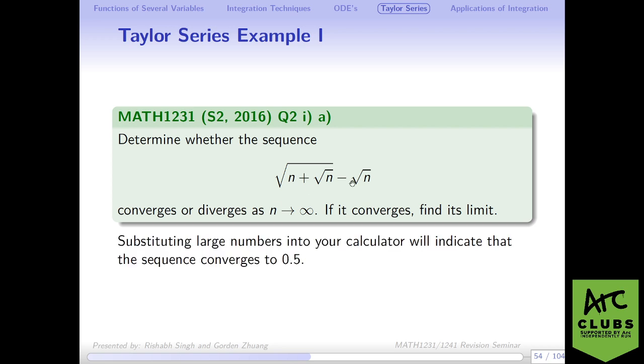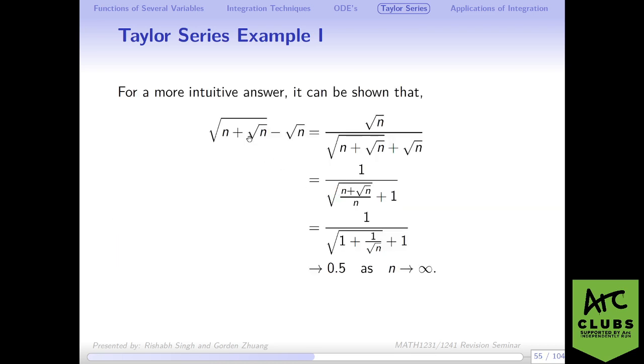Although, to see why, we have to look into this rule in some more depth. If we multiply top and bottom by this, like the rationalizing the denominator method, the square root plus the second square root, we're not changing it.